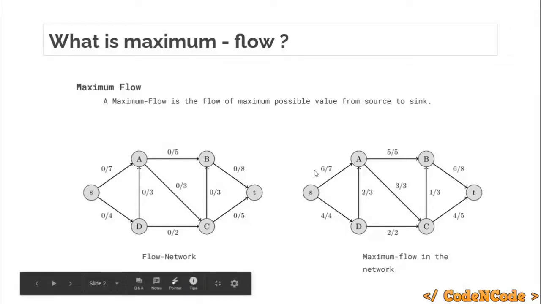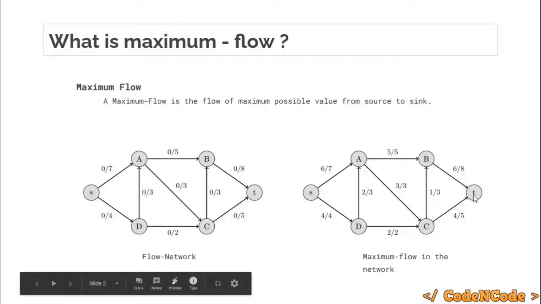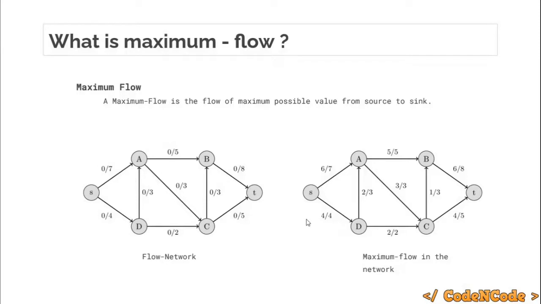From the source we are able to send 10 units of data or gas or whatever it is to the destination. So the value of the maximum flow here is 10. The algorithm that we are going to discuss allows us to calculate the maximum flow of a given graph or network.